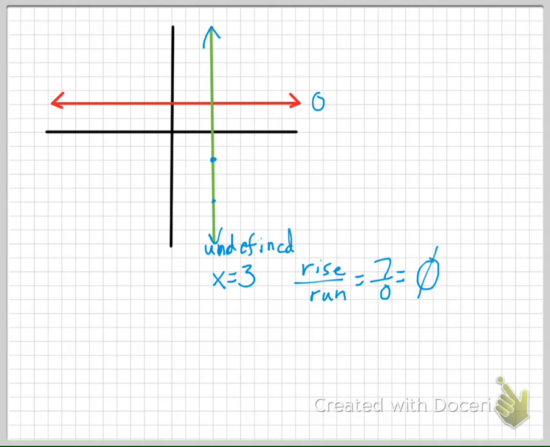So you need to know that if you have 2 points and you're finding the rise over run by doing y2 minus y1 over x2 minus x1, if your x2 minus x1 gives us 0, then you have an undefined slope. Now, if it has a 0 slope, the equation would look like y equals something, because all of these points are 2 units up.